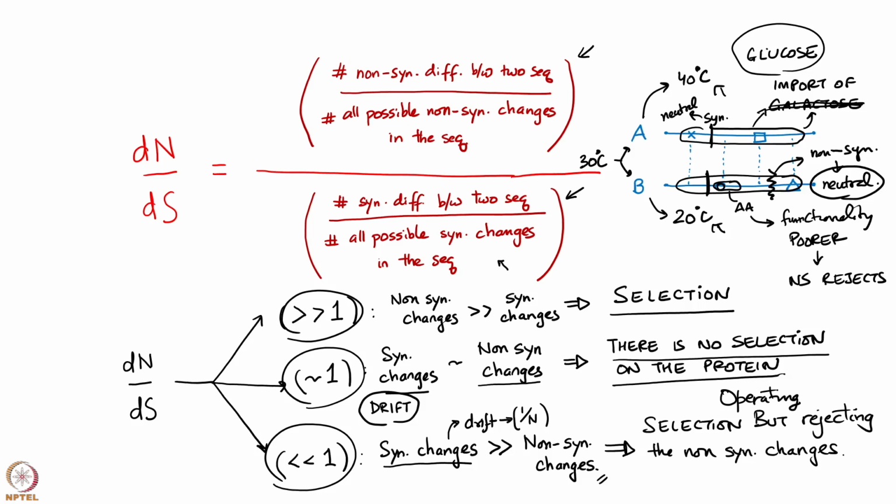So, that sort of wraps up our discussion of dn by ds, and now we switch gears. The first 1/3 of the course was fundamentals of biology and evolution. The second 1/3 roughly was a discussion on conceptual ideas in evolutionary biology: fixation probability, clonal interference, and ideas related to dn by ds.